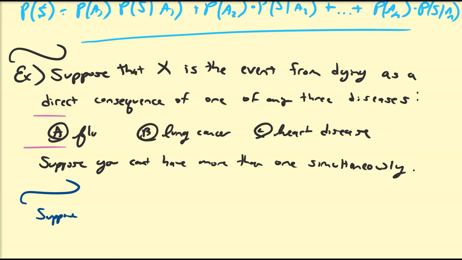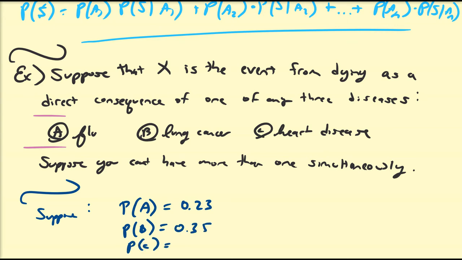So let us suppose the following cases. The probability of getting the flu is 0.23. The probability of getting lung cancer is 0.35. And the probability of getting heart disease is a 42% chance. So P(X given A), P(X given B), P(X given C).